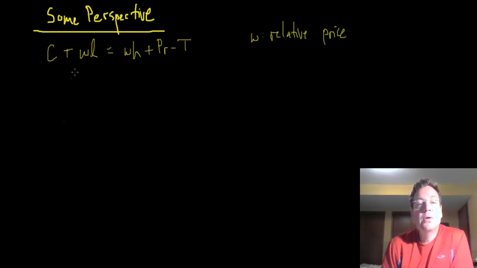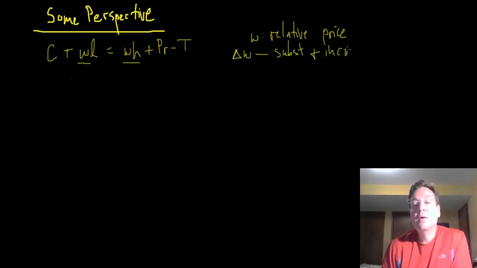Because the wage appears here, where it looks a lot like a relative price, but also on the right-hand side, where it becomes part of income, we know that a change in the wage would generate both substitution and income effects.